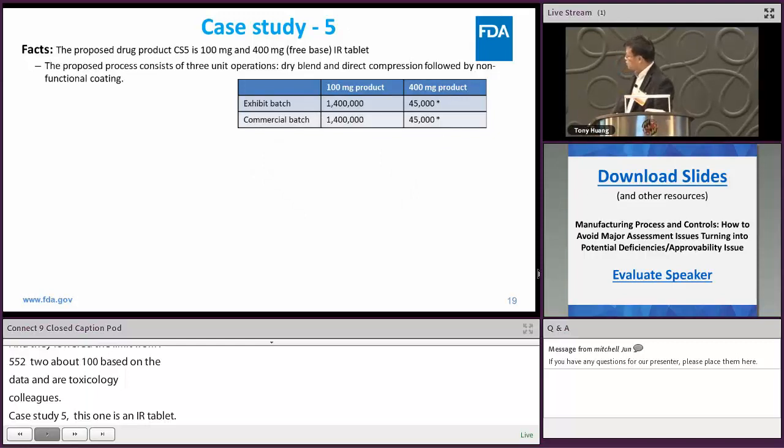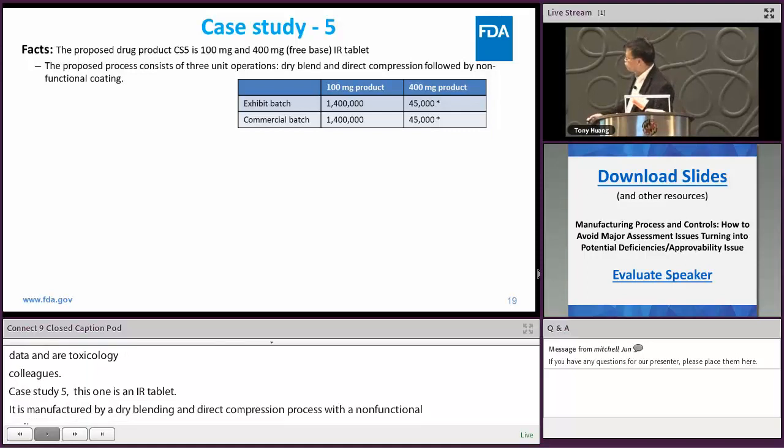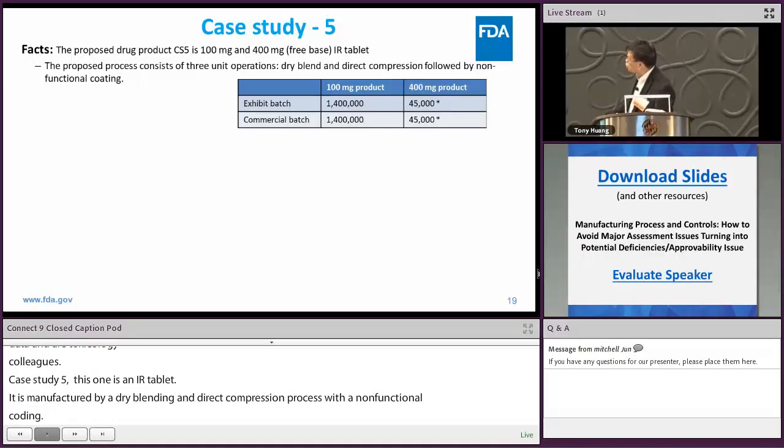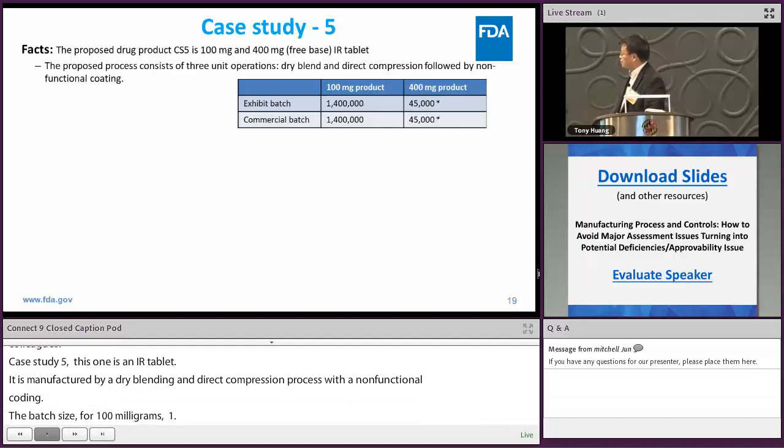The batch size for the 100 milligram product is 1.4 million units, but for the 400 product, they have only 45,000 units. So they do give a good justification for this smaller batch size for the 400 product.